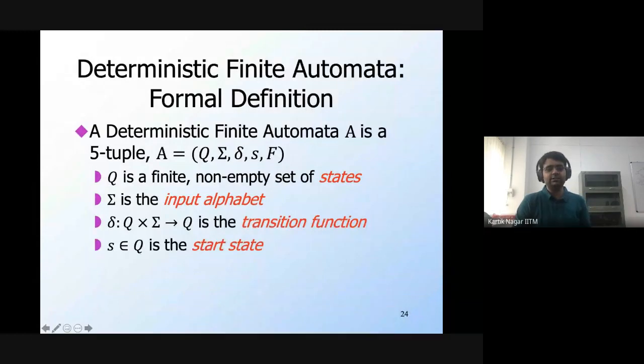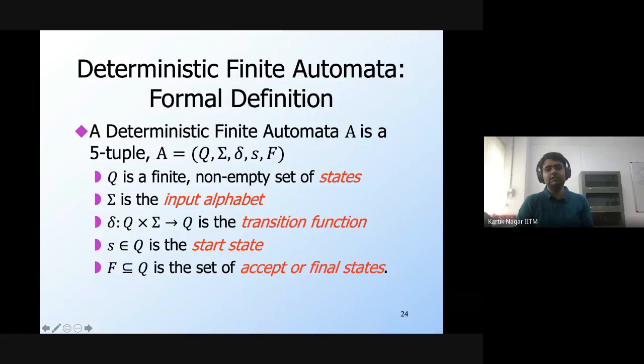And next we have S and F, right? So S, which belongs to Q, is a specific start state. So this is the start state of the DFA. This simply means that when you switch on this machine, or when you begin the computation on a DFA, you will begin from this specific start state S. And this F, which is in general a subset of Q, is the set of accept or final states, which means that if you're given some string, you begin from the start state, you process that string using the transition function, and finally, when you finish processing the string, you will end up in some state.